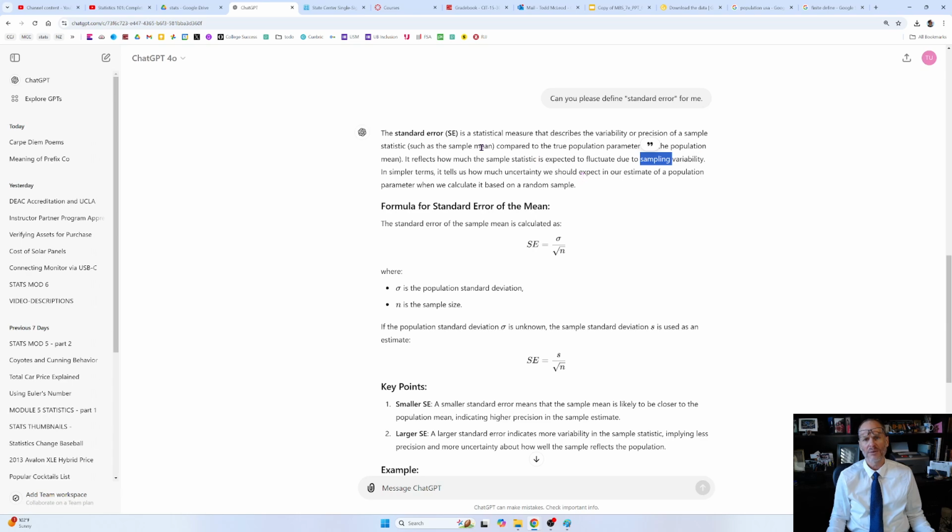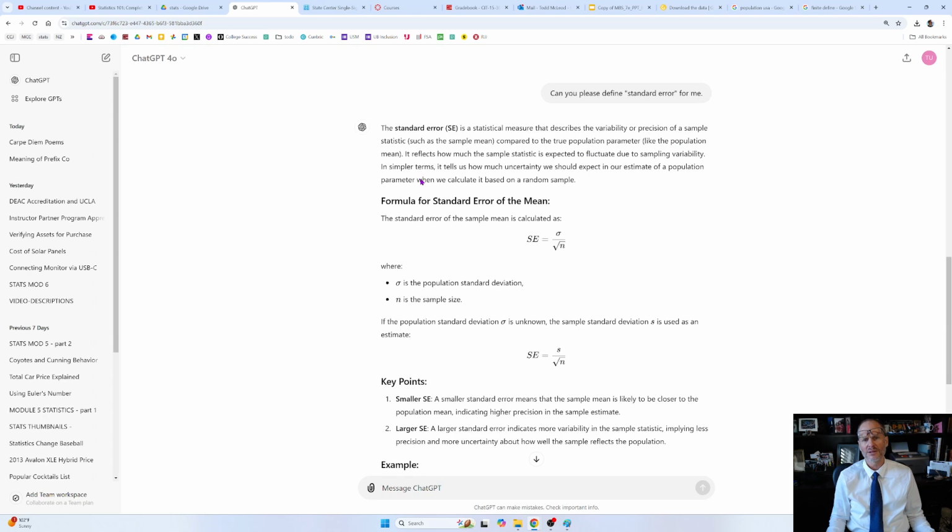So if we're looking for the mean from our sample to make inferences about the mean of the population, the sample statistic, which is the sample mean, will make inferences about the population parameter, which is the population mean, and that's going to fluctuate because there's variability in our sampling.